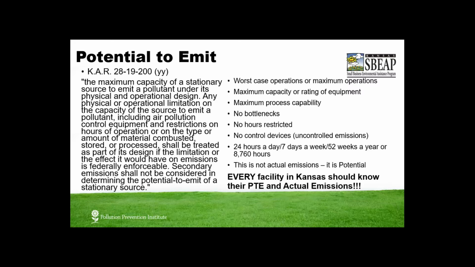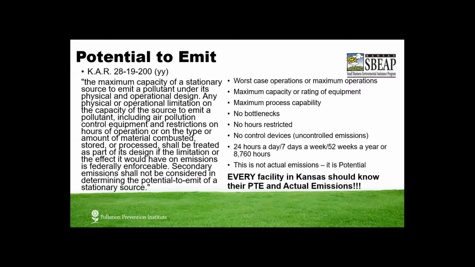Potential to emit is defined in the Kansas Air Quality Regulations at K.A.R. 28-19-200, and it means the maximum capacity of a stationary source to emit a pollutant under its physical and operational design.